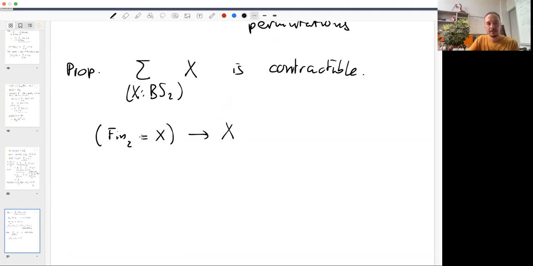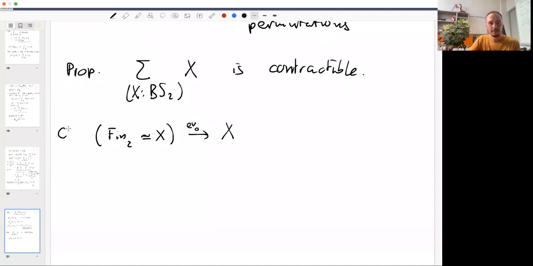But we know by univalence that this only holds if and only if the type of equivalences from Fin 2 to X going down into X is an equivalence. And here we can take a particular one. We can take the evaluation map at 0.